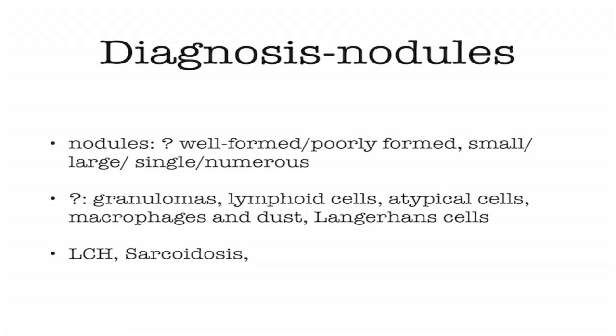Or they could be macrophages, or it could be a collection of dust, because once dust gets there, the reaction is for macrophages to come and try to scavenge on the dust. Or they could be the Langerhans cells. And the differentials there are the Langerhans cell histiocytosis or sarcoidosis, because it is typically granulomatous disease.